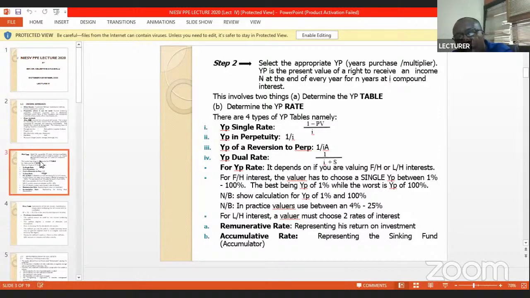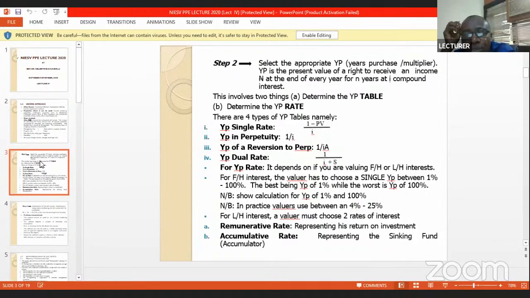The reason being that there is no perfect house. YP of 1, 2, or 3 are reserved for perfect buildings, but there's no house that is perfect. If you finish a new house today, there are small minor repairs you are expected to do in that house. For that reason, we take 4%.